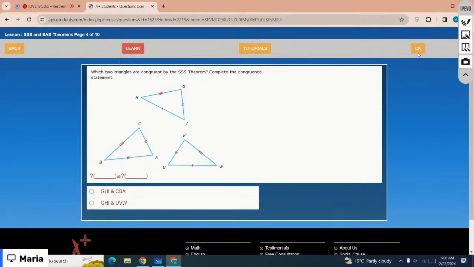Which is the correct option? Yes, the correct option is GHI and UVW.